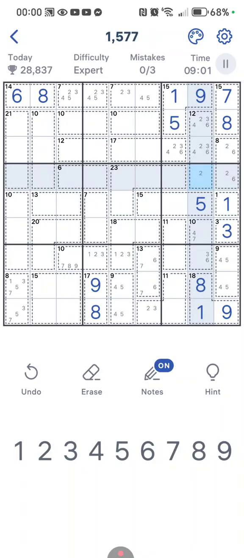6 and 3 would make it a 3. Whoopsie. 6 and 2 would make it a 4. So 4 and 3 would be 7, which would be this would be a 5. 4 and 2 would make this a 6.